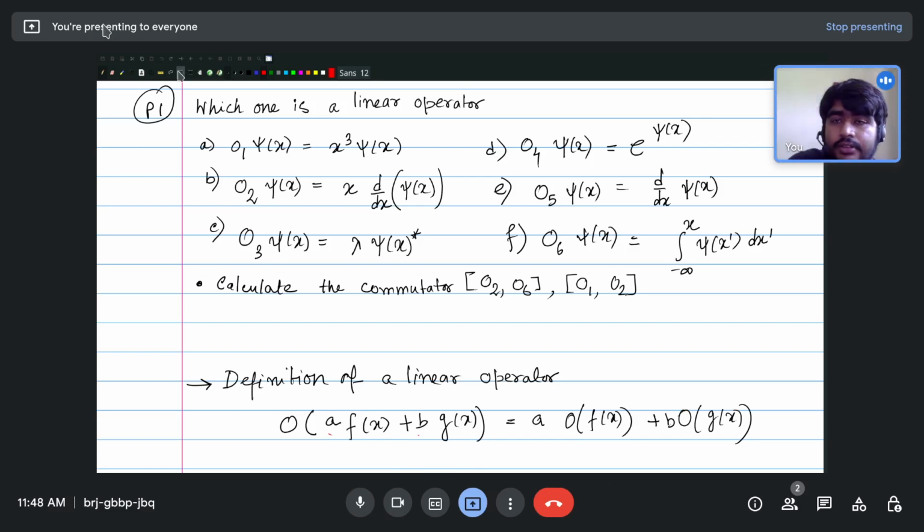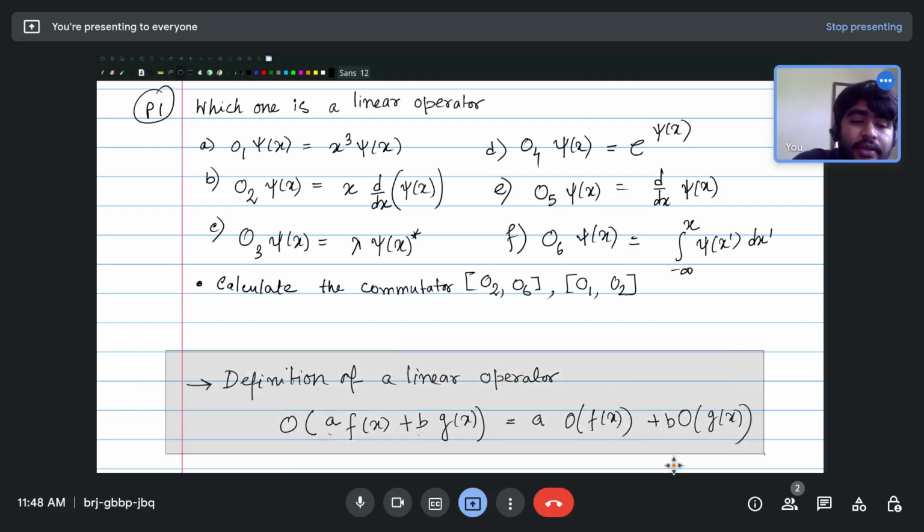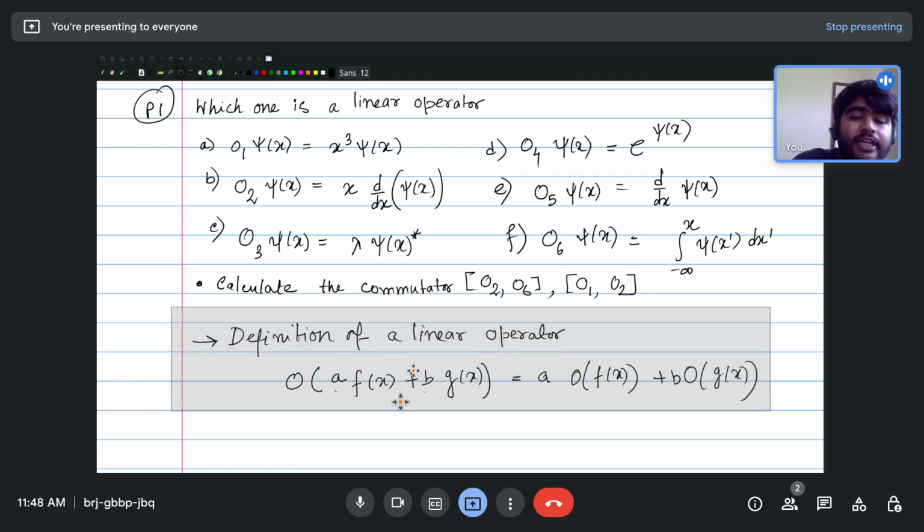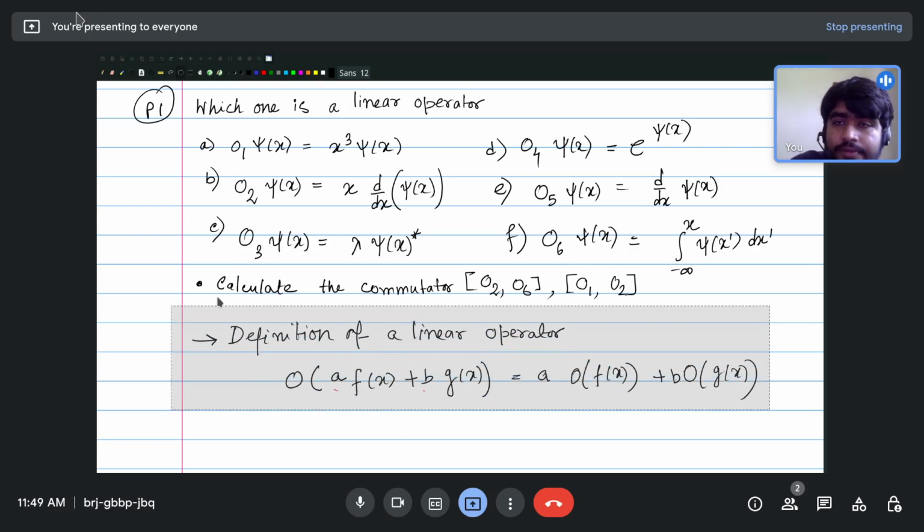When you act the operator on this combination, the action of a linear operator goes through the numbers and directly acts on the functions. It goes through a and directly acts on f, and on the second term it goes through b and acts on g. Here a and b are any general complex numbers. I have given you some operators, and I am asking, can you identify whether these operators are linear or not?